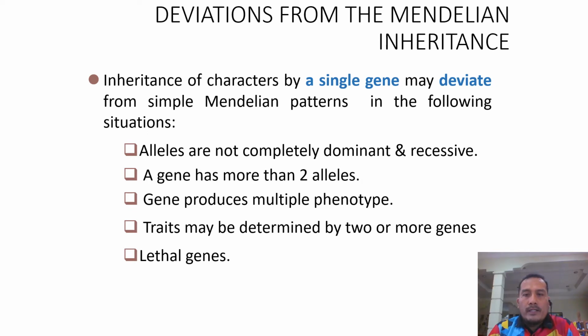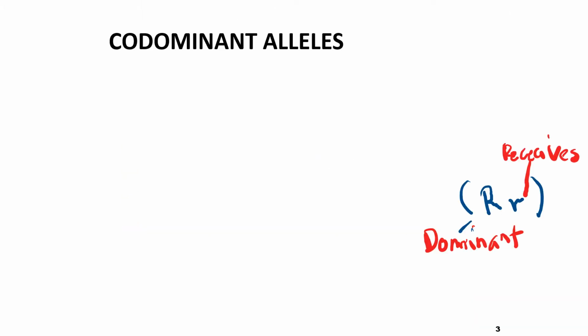But in this deviation, we will not get those numbers, and for the dihybrid cross also, we won't get the 9:3:3:1 ratio. We call it a deviation from Mendel. The first deviation of Mendel is codominant alleles.